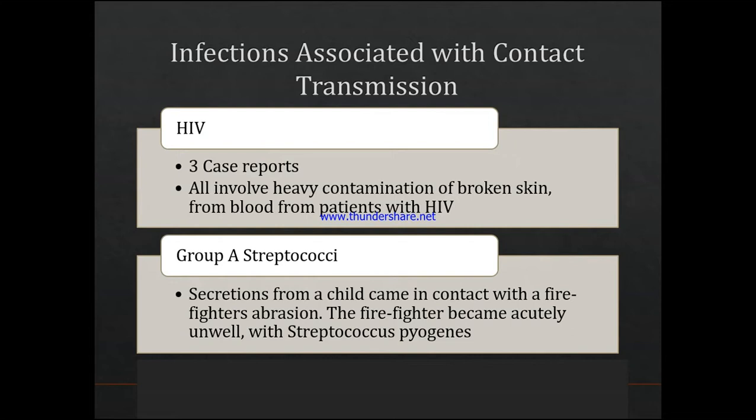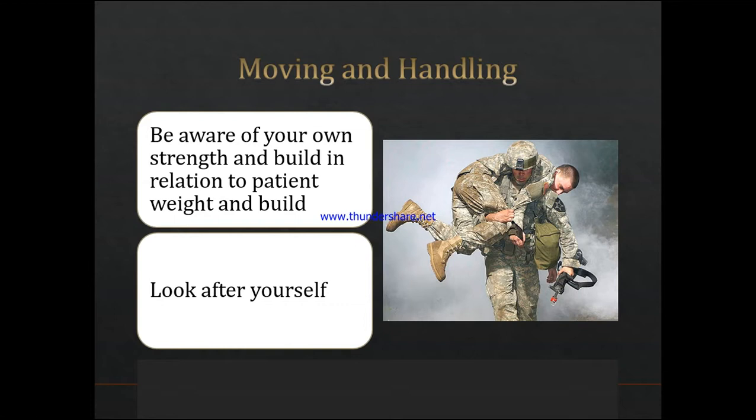Now, again, we're talking about a very small number of cases when you think about the much broader picture of the amount of BLS, ILS and ALS that goes on across the country.